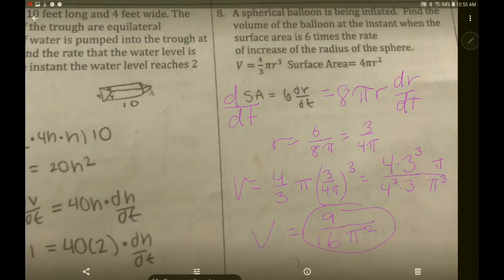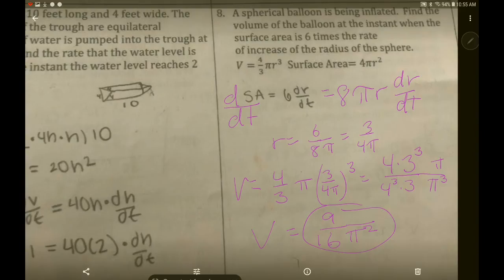And so we can plug that radius into the equation for volume. You can check the way I did all this, but I plugged 3 over 4 pi in for radius into the formula for volume of a sphere, and I think I reduced it all correctly. You can check that. We end up with volume equals 9 over 16 pi squared. Anyhow, that is a way to do this problem that hasn't made sense.